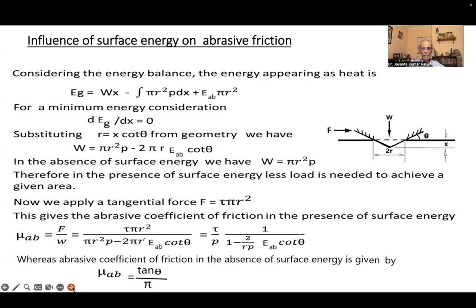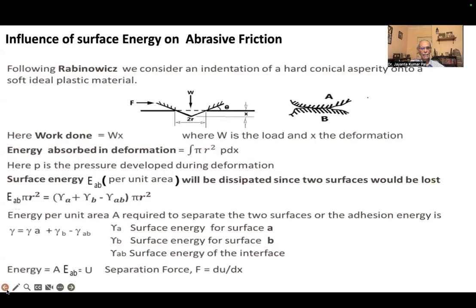If we consider the energy balance, the energy that is appearing as heat, Eg, is equal to Wx minus the integral of pi r squared p dx, because as you have seen before, that is the energy absorbed in deformation. So that has to be subtracted.